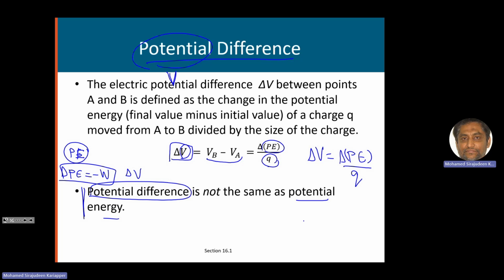You can say the relationship is somewhat similar to the relation between electric field and the electric force. Electric field is the force per unit charge. In the same way, potential difference is the potential energy difference divided by the charge, or per unit charge.